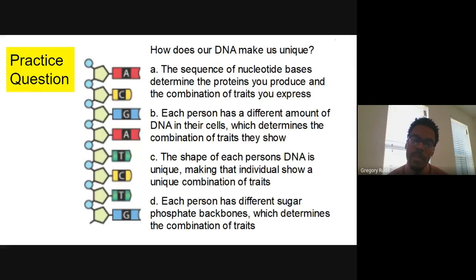So keyword here obviously is DNA. We want to know how the DNA makes us unique. So if we do a brain dump about DNA, we know there are 4 nitrogen bases.